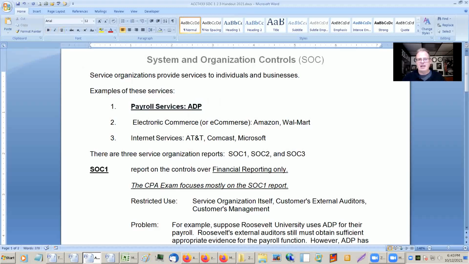Okay, so like payroll services, ADP is a company that does payroll for a lot of places. Now, let's say that ADP has 10,000 customers that get audited. Well, here's the thing about ADP.